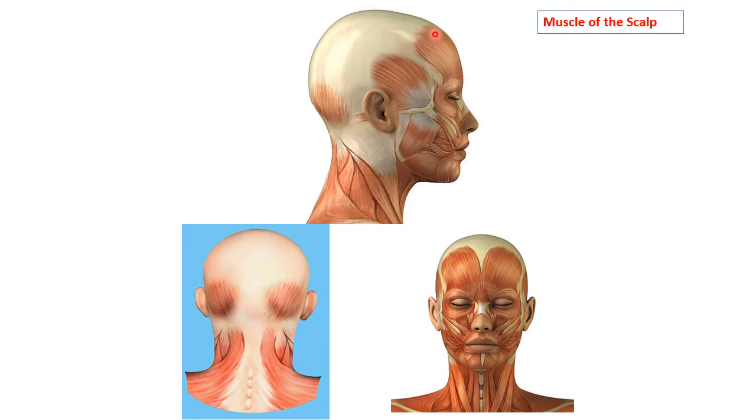And if it is acting from below, going downward, the contraction of the frontal bellies will produce transverse wrinkles on the forehead, as occurs in fright.